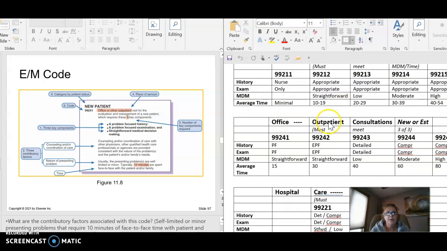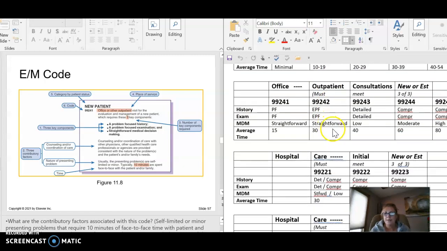So let's look at 99241. It is on my cheat sheet. We have a problem-focused history, a problem-focused exam, and a straightforward medical decision making. So that is 99241. It does state 10 minutes, so I will get that switched on your laminate.